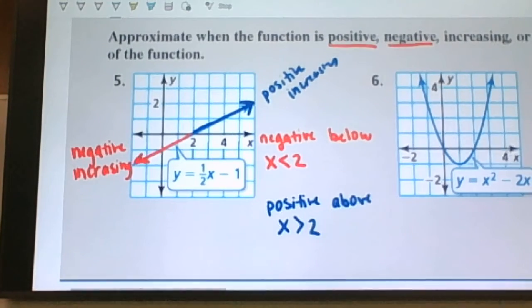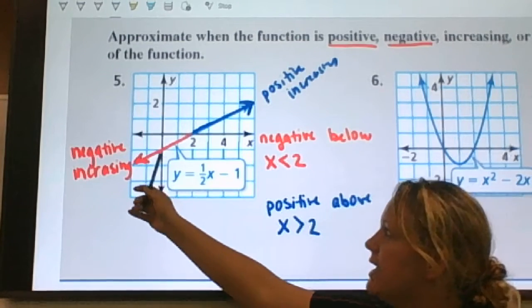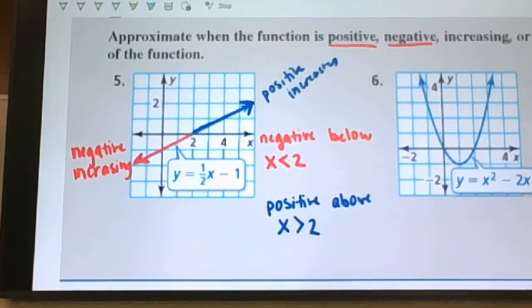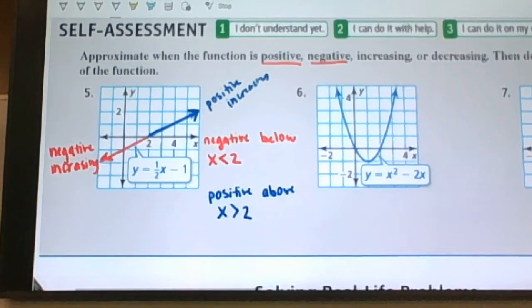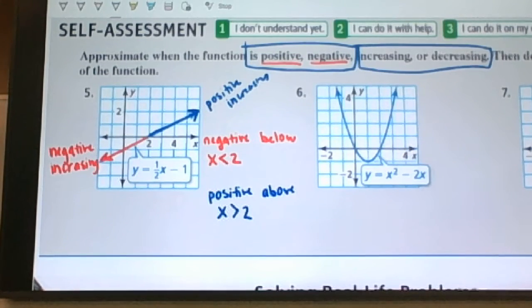All right, so this is only part of the answer. I haven't even explained it completely. Here it's negative and here it's positive. I use inequalities to show that. Yeah, look at the directions say explain when it's positive and negative. That's one answer. And increasing or decreasing, that's a different answer.